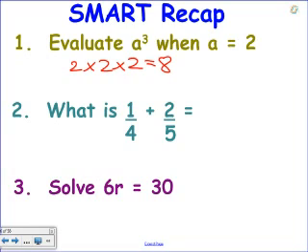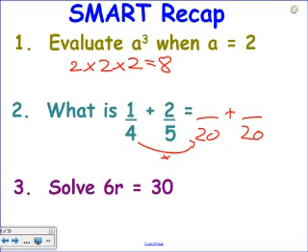What is a quarter plus 2/5? What's the first thing I need to do? Good. Find a common denominator. Because quarters and fifths don't go together, you can't add them. Good. So you've got to have a common denominator of 20 for both of them. Okay? So to work out what 1/4 is in 20ths, multiply by 5.